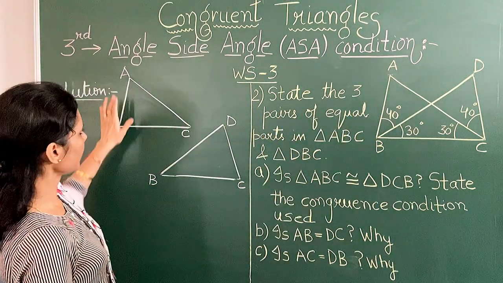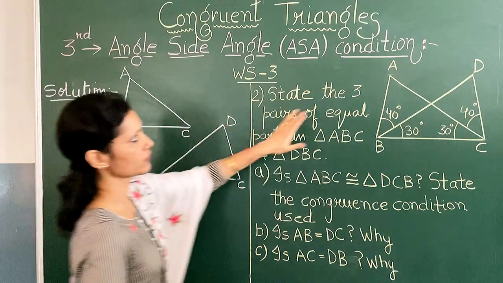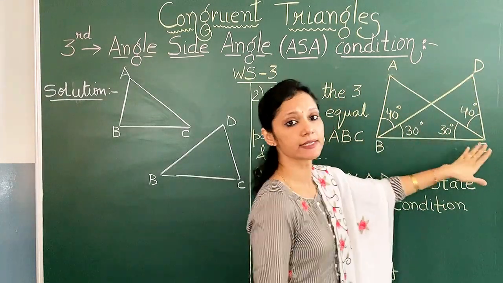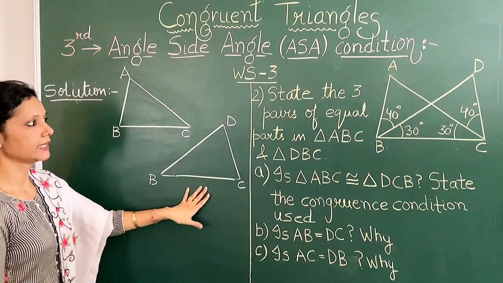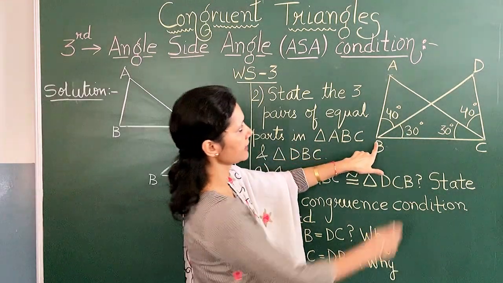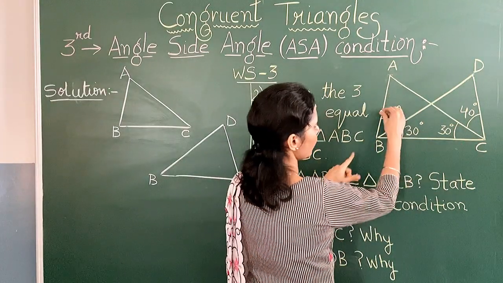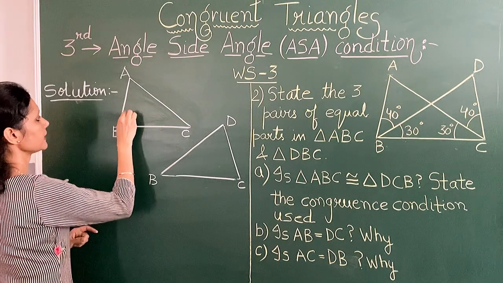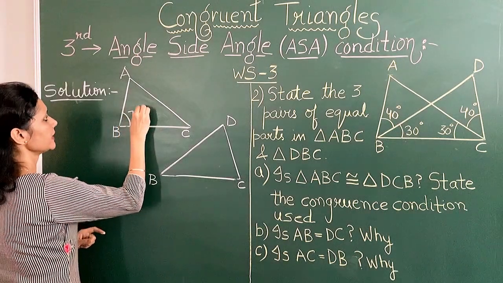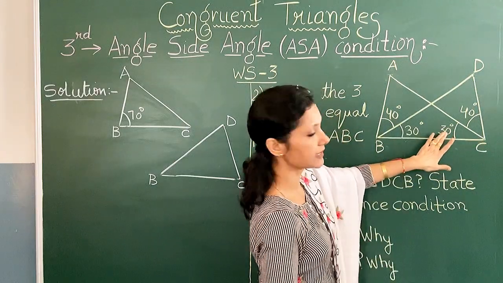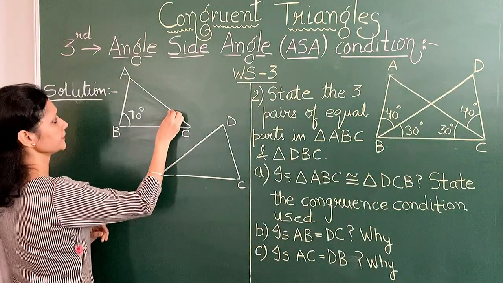So I have drawn this triangle ABC and the triangle DBC separately. Fine. Now I'll mark the angles. Angle B in this triangle ABC, this whole angle is 40 plus 30, that is 70 degree. So I mark this angle as 70 degree, and in triangle ABC, angle C is equal to 30 degree.